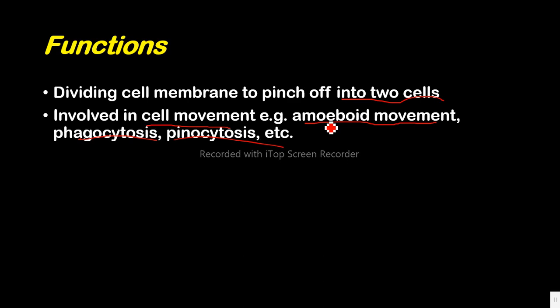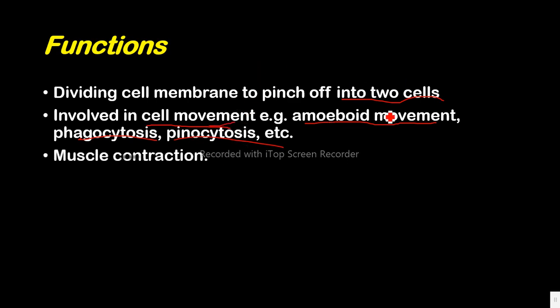When you convert from a jelly form to a solid form, the membrane, in order to resist overstretching, has these actin filaments that allow the membrane to extend a bit, but not to overextend and rupture. So that's why they are involved in movement.